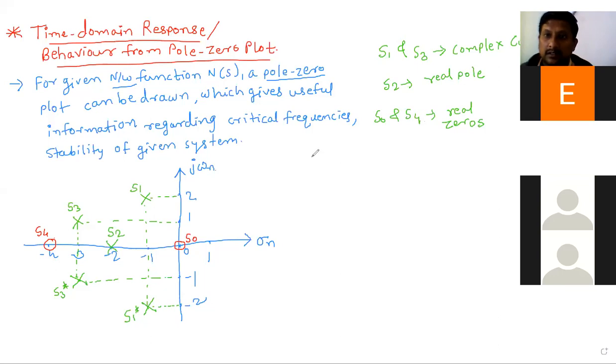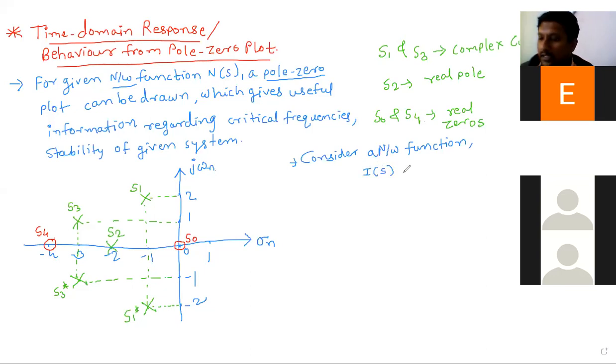Next point, consider a network function. I will consider any name now. It may be a voltage signal, a current signal, or an impedance. So I will consider the current signal.